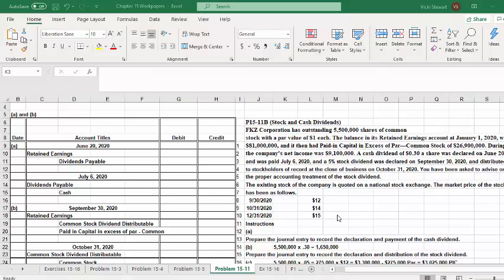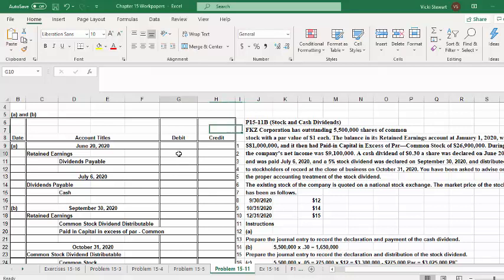The instructions state in Part A to prepare the journal entry to record the declaration and payment of the cash dividend. The problem told us that we have 5,500,000 shares of common stock, and we paid 30 cents a share for the dividend. So the total dividend was $1,650,000.